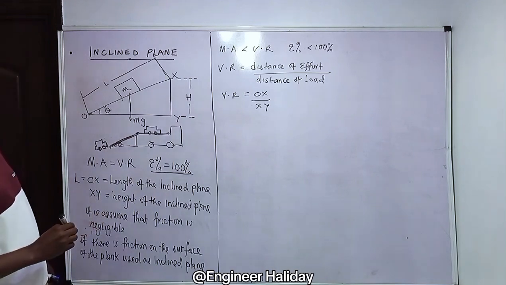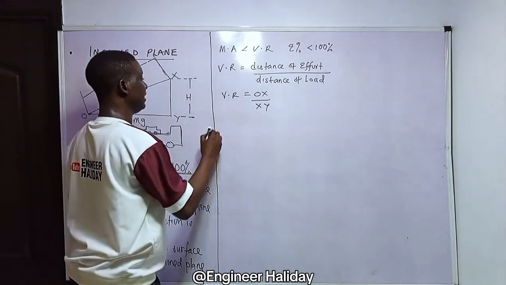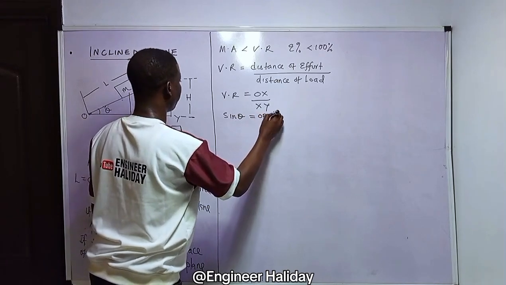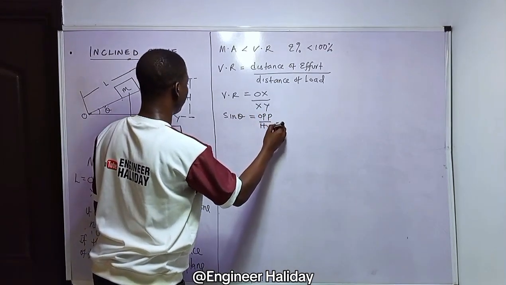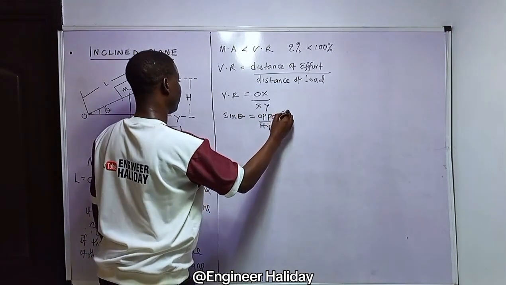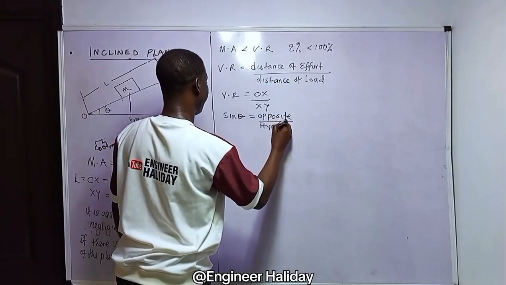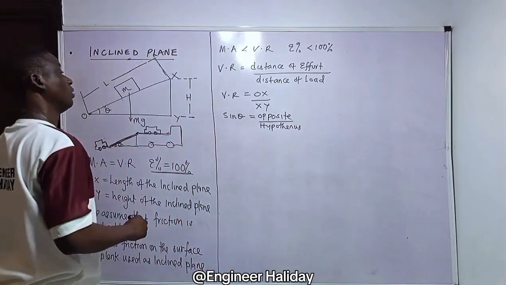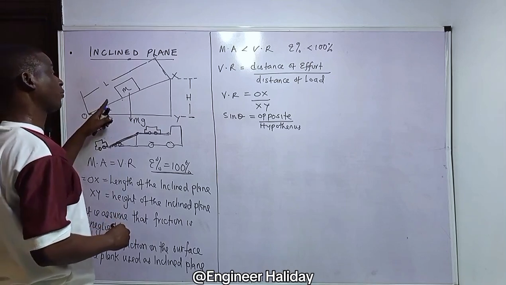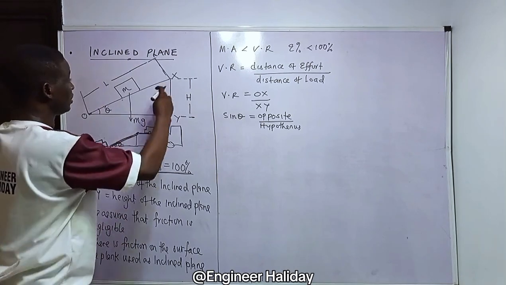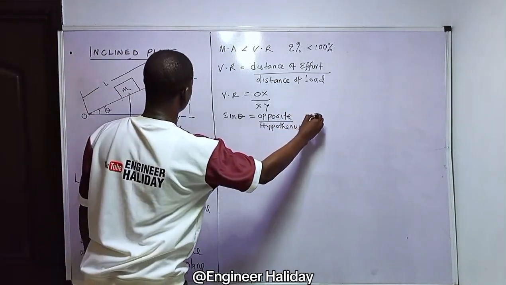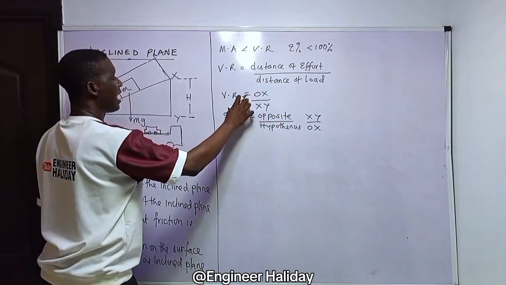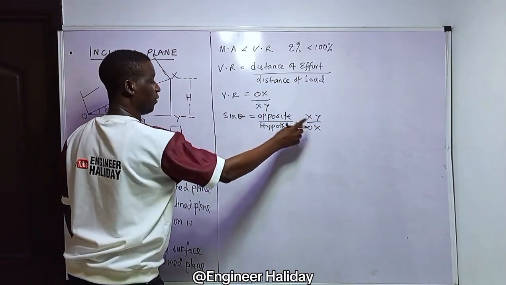So in that case, we know that sine theta is equal to opposite over hypotenuse. The formula for sine is XY over OX. So what we have here is the inverse of sine.